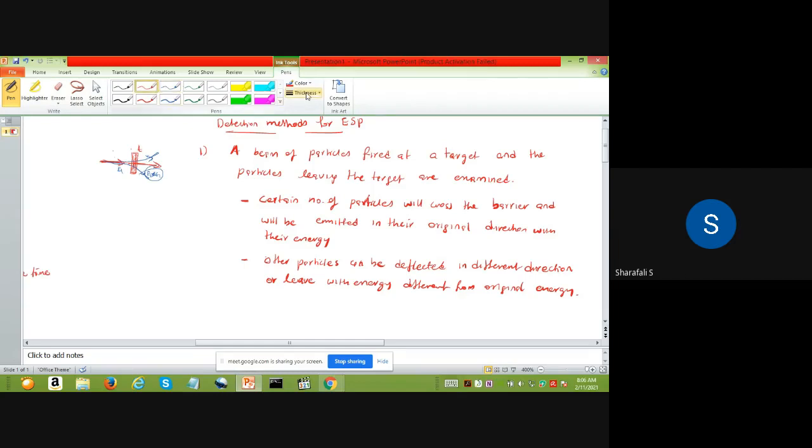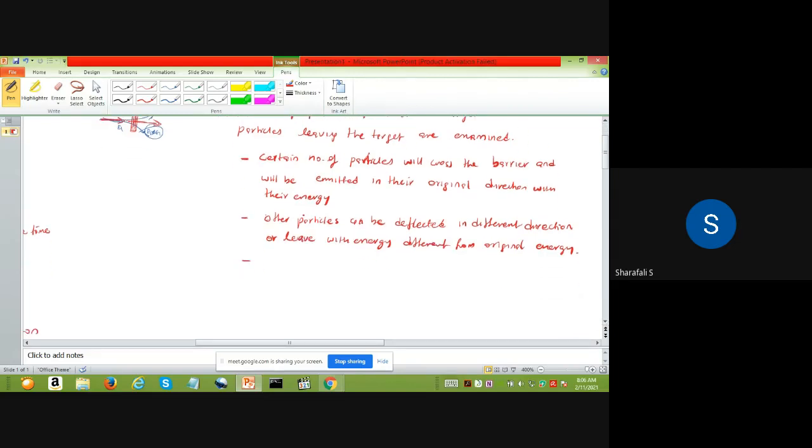And the third set of particles, another possibility, is that some particles do not leave the target.